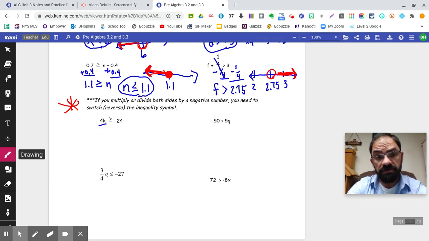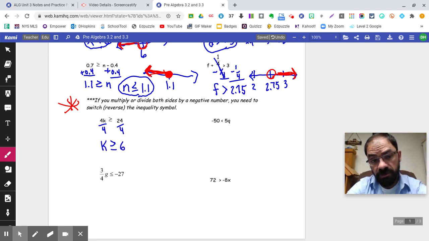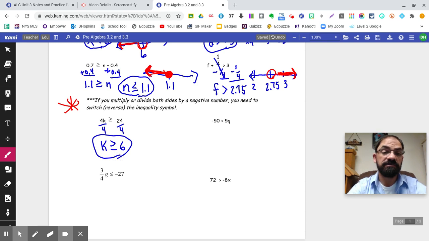We're going to divide both sides by 4. We know this, right? 4 is being multiplied to k, so the opposite is divide. So k is greater than or equal to 6. Great. This next one, negative 50 is less than or equal to 5q. To get q by itself, let's divide by 5.